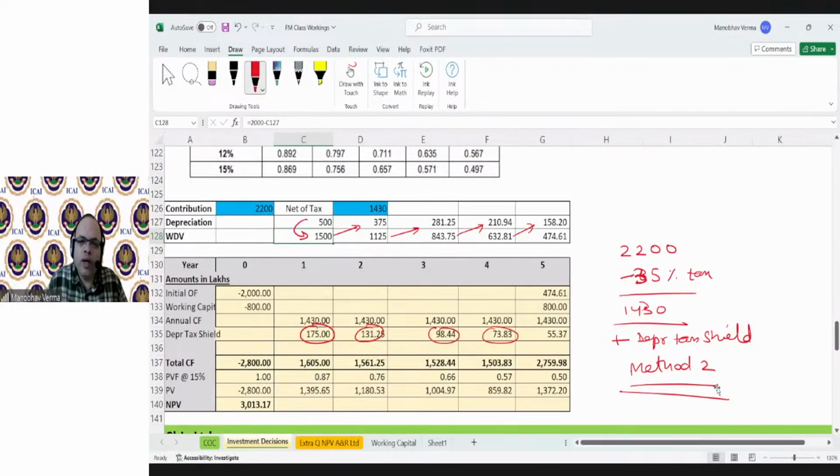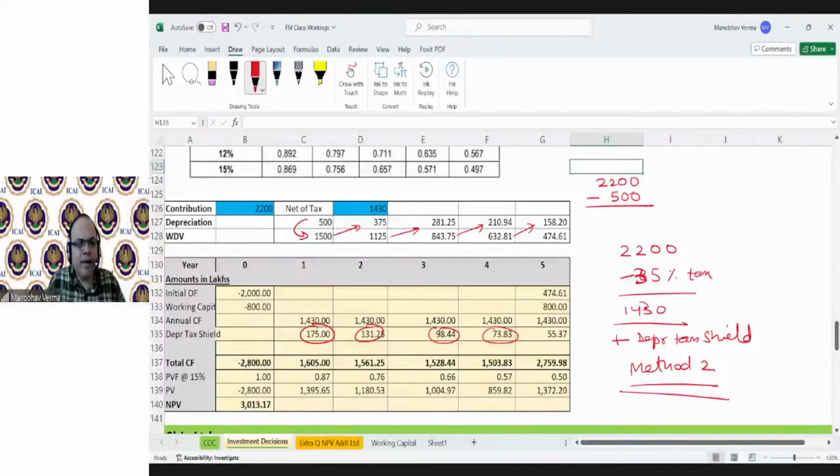Otherwise, you can do a longer method where you have a contribution of 2200, then depreciation of 500, then tax, then add back the depreciation. It's up to you. In method 1, you will not start with 1430, you will start with 2200 only. Is everyone clear on this?